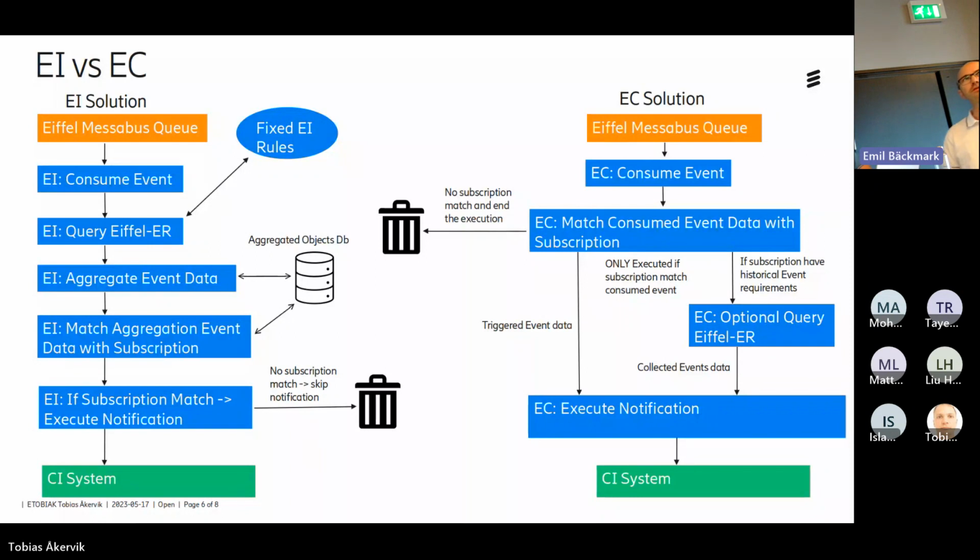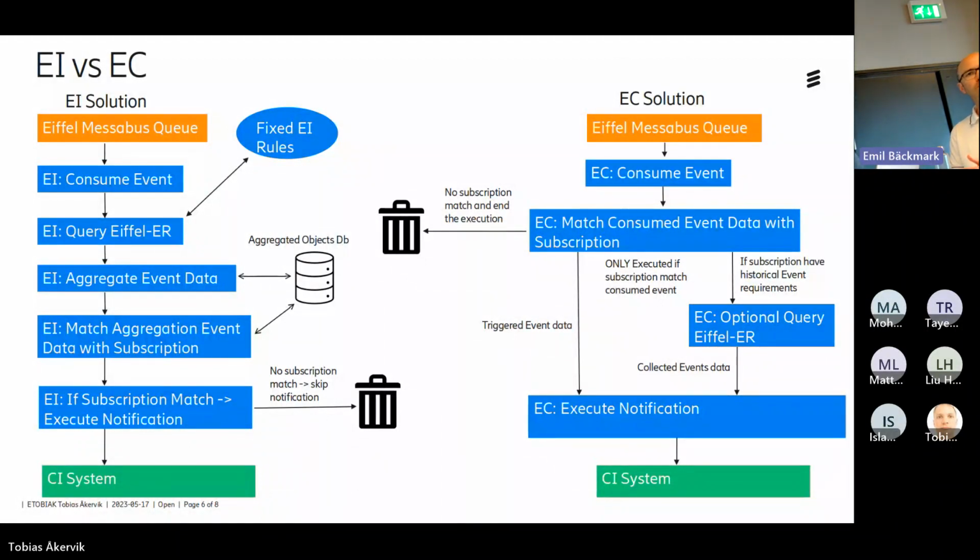Another difference is also that, as you say, it's not an aggregator really, it's just a collector. So it collects all these events and then just sends all the event data in the objects where it notifies the external system. In Eiffel Intelligence, these rules are very complex, but they also have the benefit of being able to structure how the returned data should look.